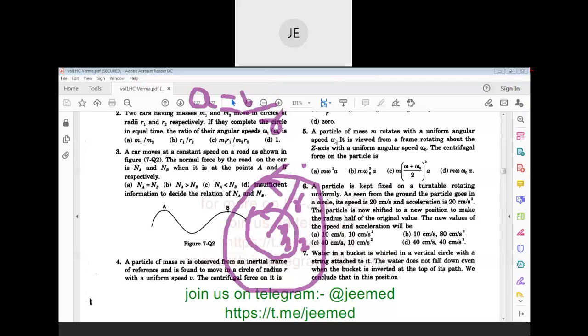Next case. Radius should be 10 centimeter and you should know speed and acceleration. Speed v is equal to r omega. We know r as 10 centimeter, but omega we don't know. If you know omega, then you can get the speed.